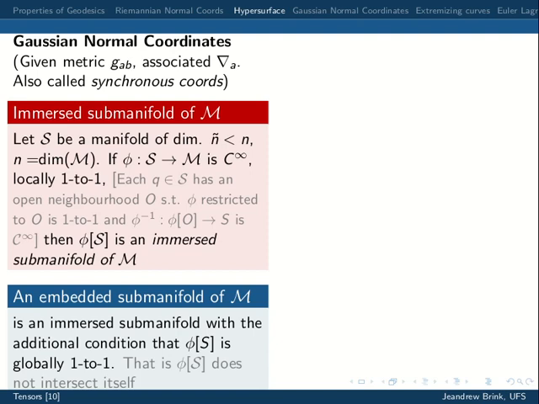You can put little bits of it into R3 and look at it and study it, but you can never embed the whole manifold into R3. Okay. And when you put the little bits in and you study it, you basically have a chart that is in an open neighborhood where this thing works.